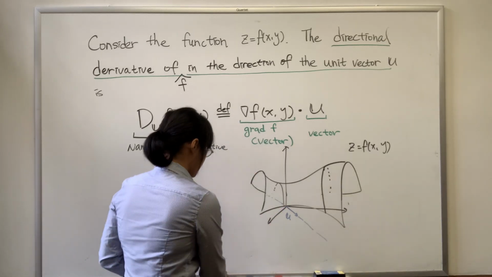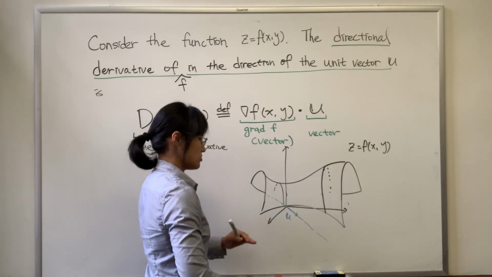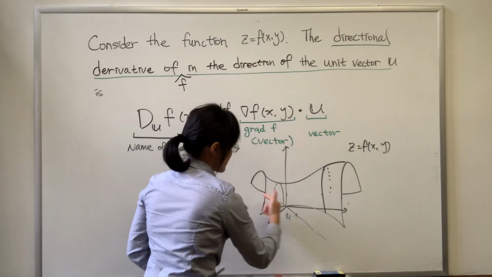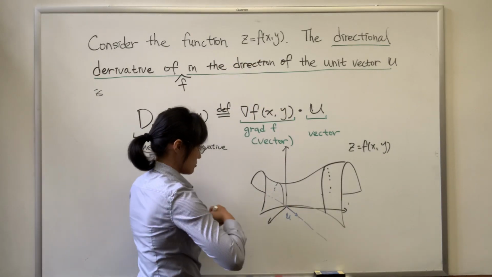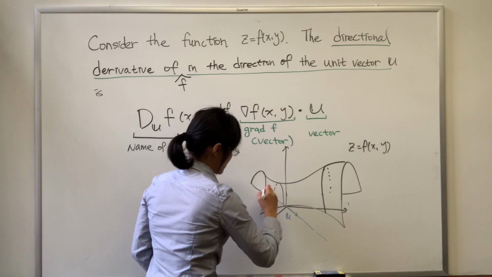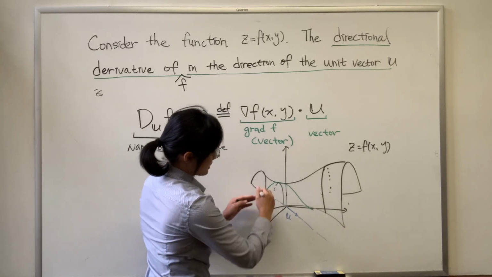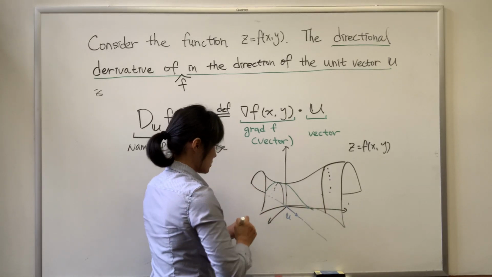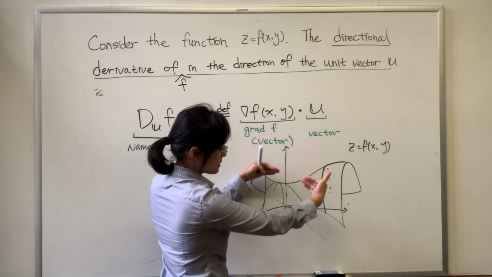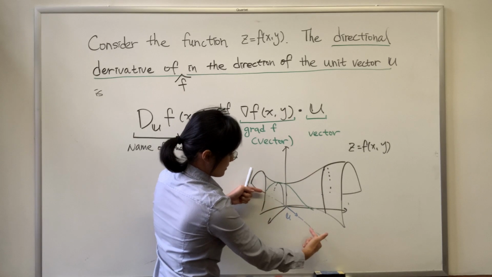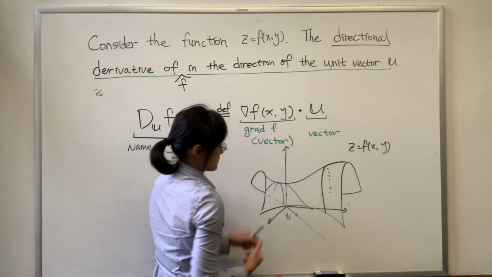Now suppose you have a very big knife and cut through along this direction. What you see will be a cross section like this on the surface. So this green curve sits right above the blue line, and it's on the surface.